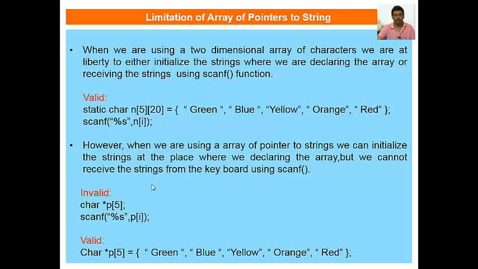So there are only two points. One: in a 2-dimensional character array, we can initialize at the time of declaration, and we can also get strings through the keyboard. Two: in a character pointer array, we can initialize at the time of declaration. This is valid, but we cannot get strings through the keyboard.